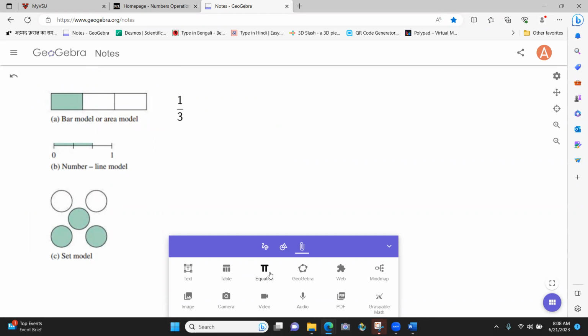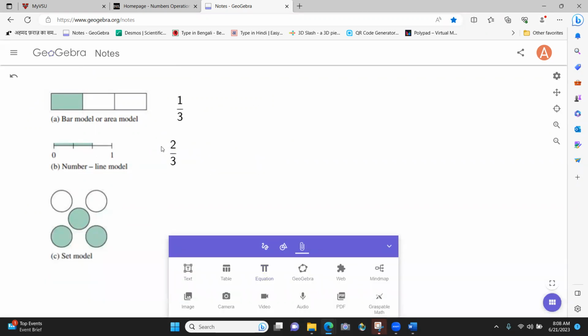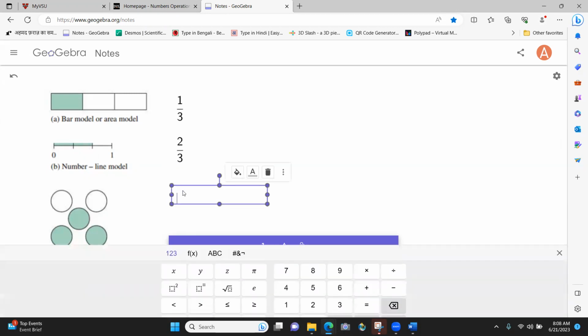So this represents the fraction 2/3. The last one is called the set model. Some people say discrete model. Here, let's say you have five cookies. 3 of them are chocolate chip cookies. They have been shaded. What fraction are chocolate chip cookies? You would say 3 out of 5.